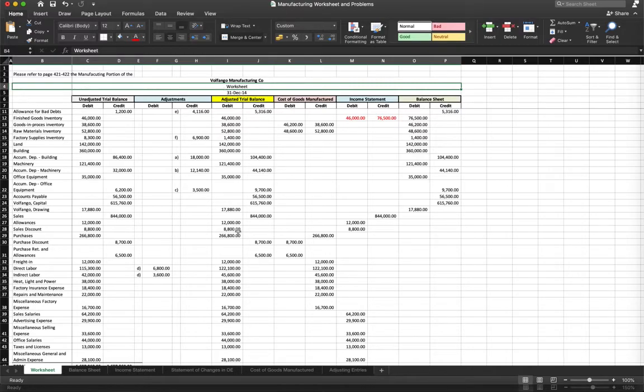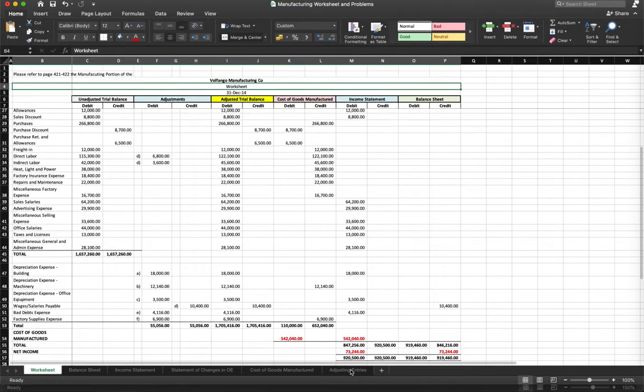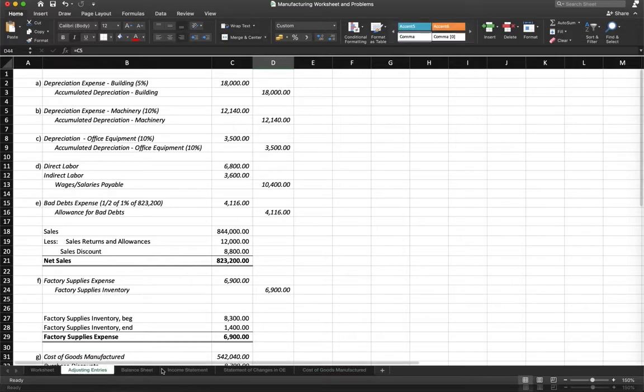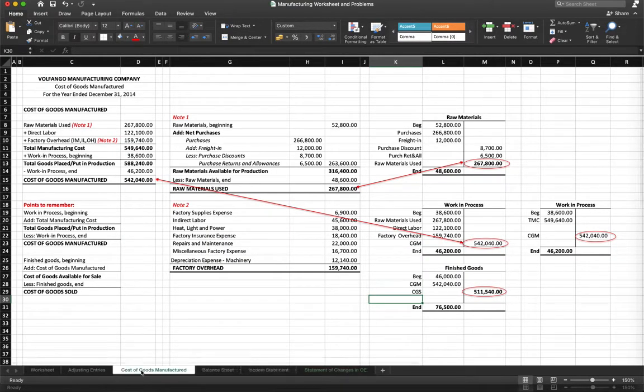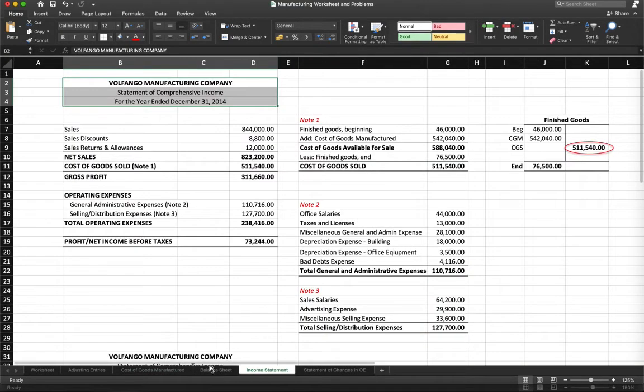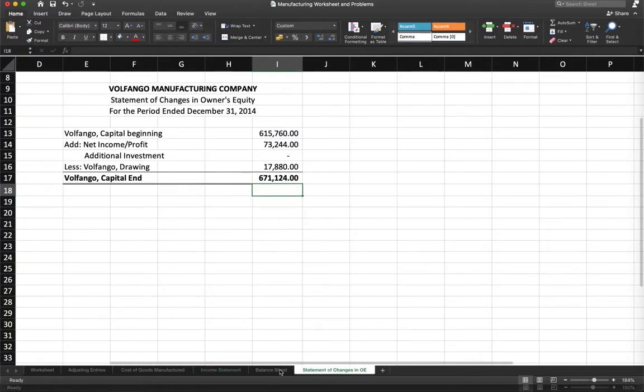Started with this worksheet, we had adjusting entries. These are adjusting entries. Then we prepared, of course, cost of goods manufactured. And then we prepared our income statement. And we prepared our balance sheet. And so as with statement of changes in owner's equity.